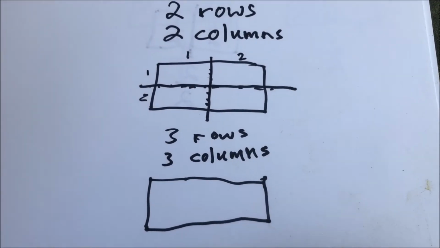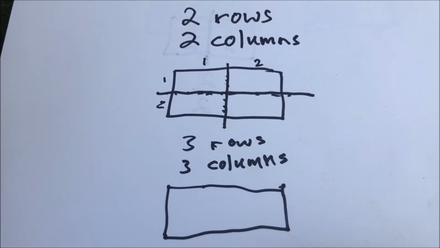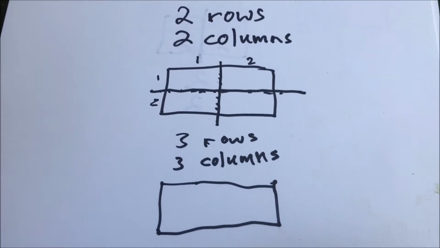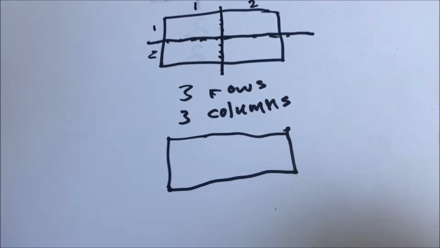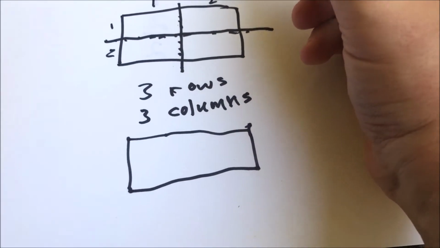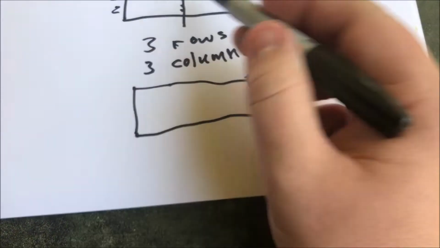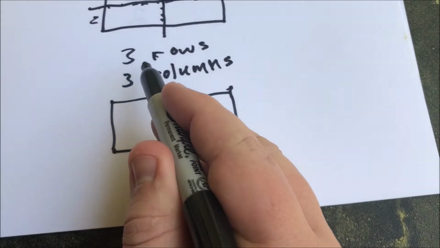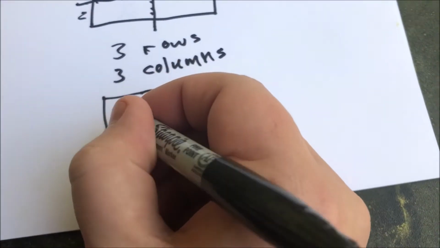Look back at the original. It only took 1 line to make 2 rows. Do you remember what I said? I said that in order to make the correct number of rows, you just take 1 away. So what's 2 take away 1? 1. So we had 1 line. Well, then what's 3 take away 1? That'd be 2. So we're going to make 2 lines.